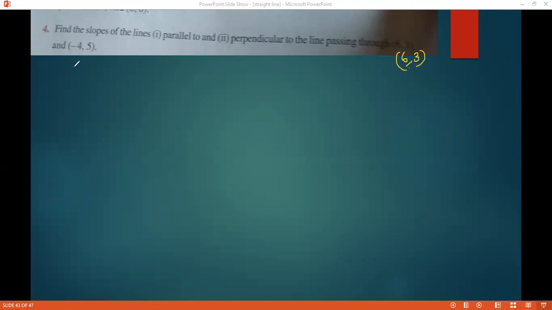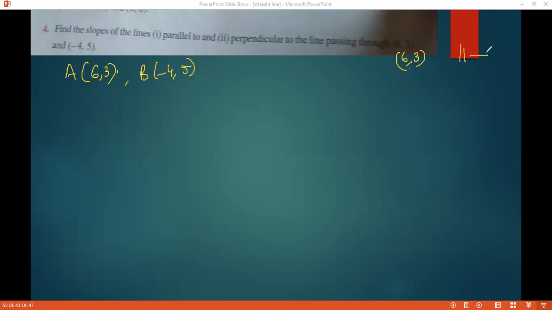Consider the points as A(6, 3) and B(-4, 5). Now, the first condition is parallel and the second condition is perpendicular.